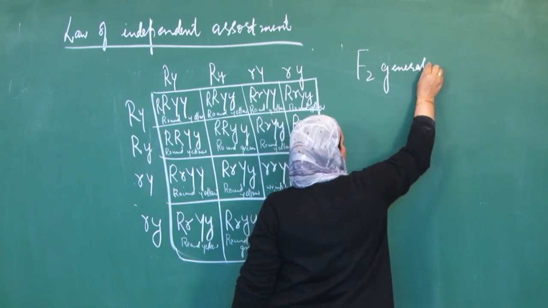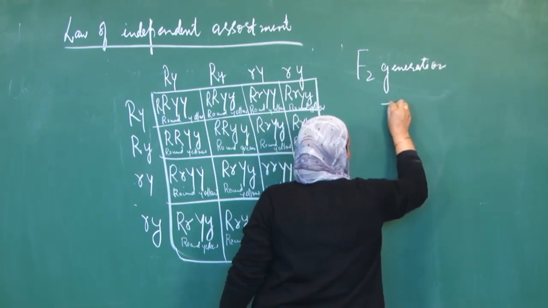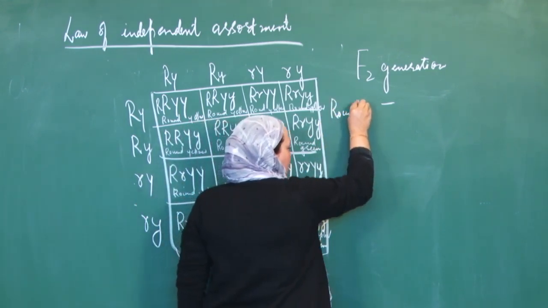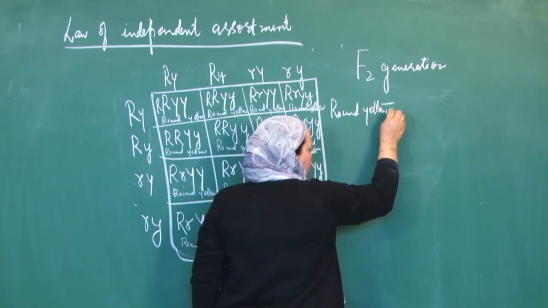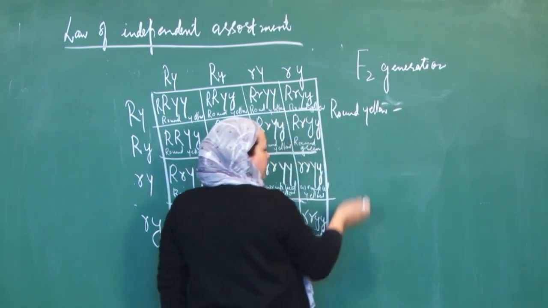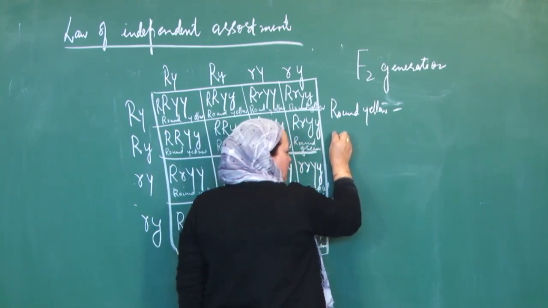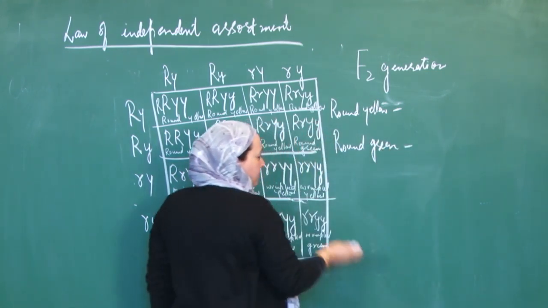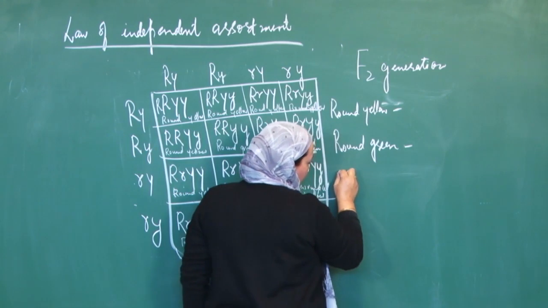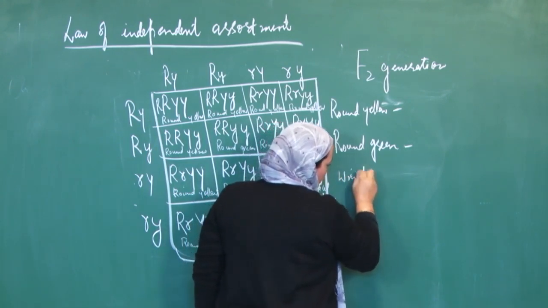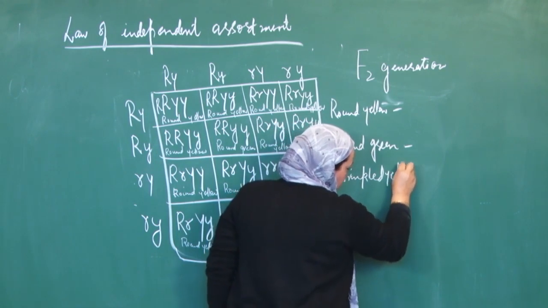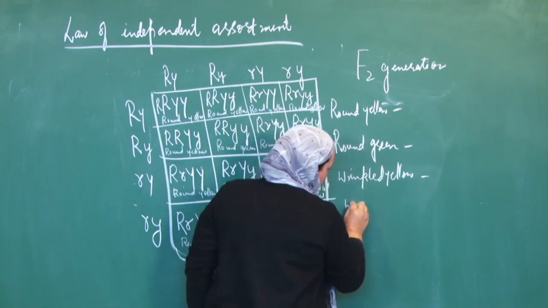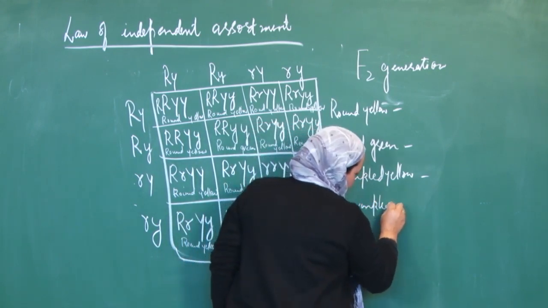In F2 generation, there were the pea plants with round yellow seeds, the pea plants with round green seeds, the pea plants with wrinkled yellow seeds, and the pea plants with wrinkled green seeds.